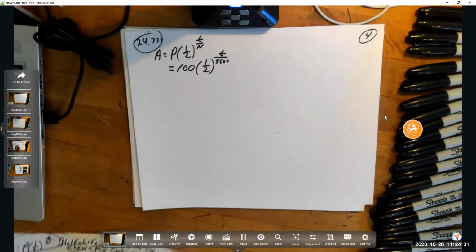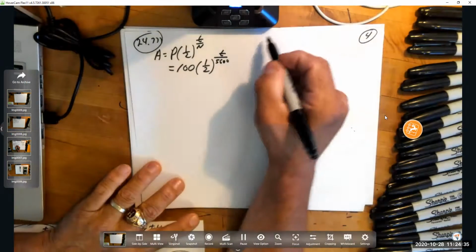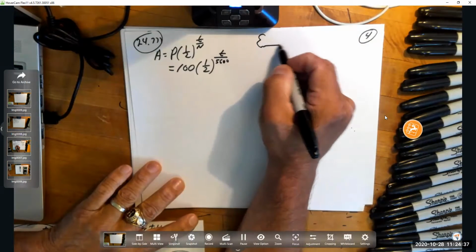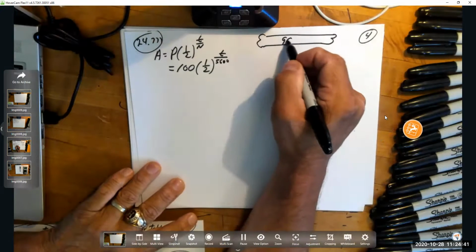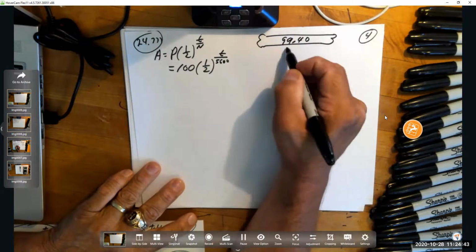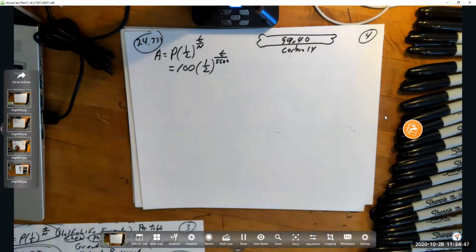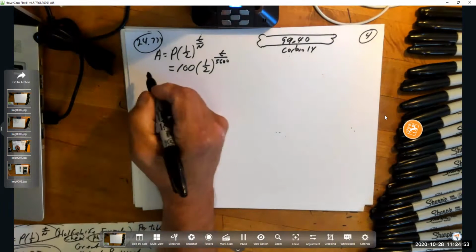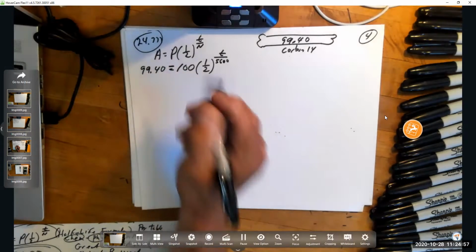Don't even worry about it. Just write it down. Now, we said that this bone right here, the one you find at your grandma's house, only has 99.40% of the carbon 14. Okay, that's 99.40% of the carbon 14 still in that bone. So they're going to put it in the formula like this: 99.40 equals that right there.